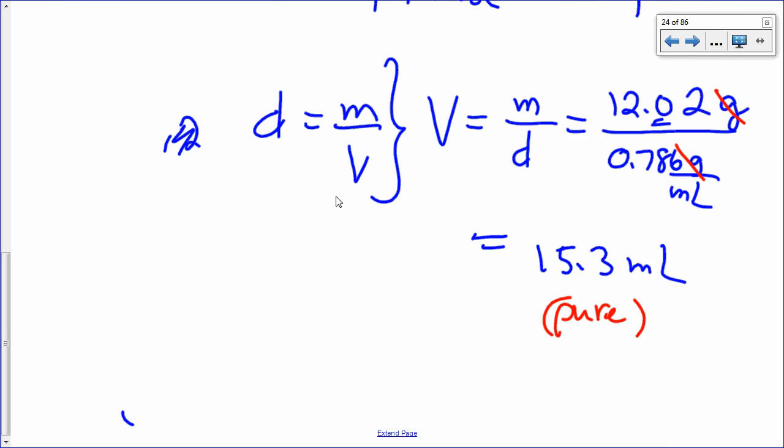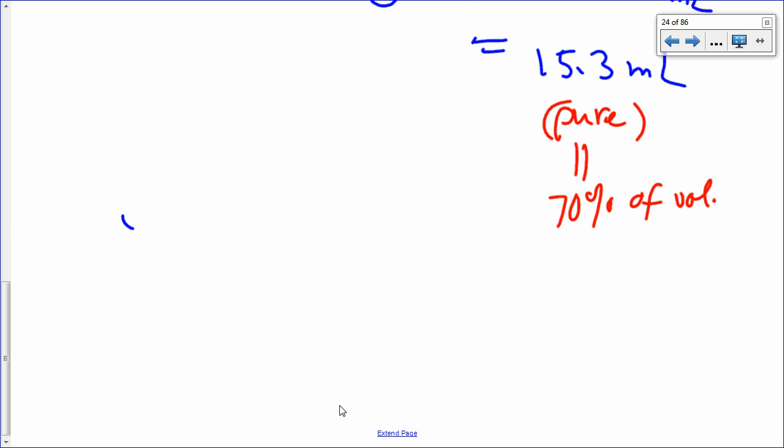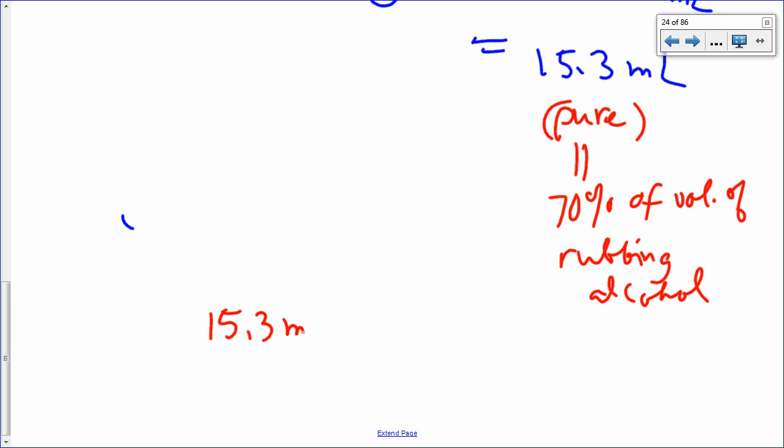So we say this is 70% of the volume of rubbing alcohol needed. Since we don't have pure isopropanol, we have rubbing alcohol, which is only 70%. So you say 15.3 mils is equal to 0.70, that's 70% of the volume of the rubbing alcohol that you need.